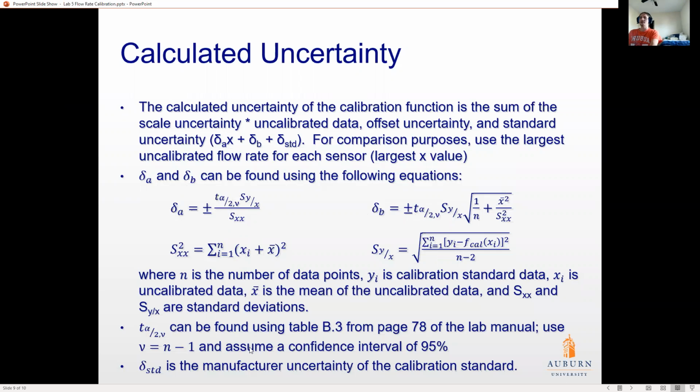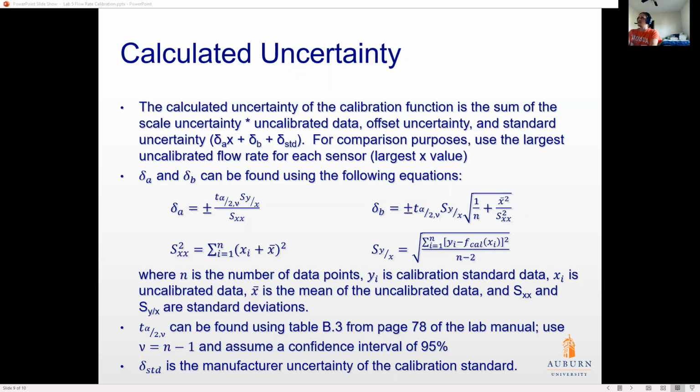We're going to be assuming a 95% confidence interval. Then you're going to use this nu in there, which is n, the number of data points, minus 1, and you'll look up that value in the table, based on that 95% confidence interval.